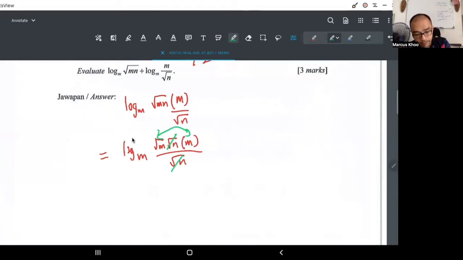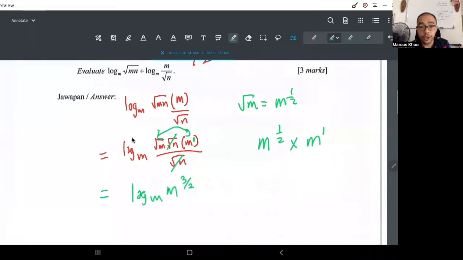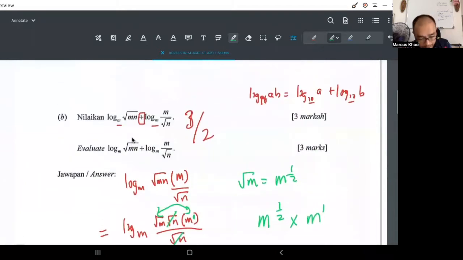Root m is actually m to the power of half. So m to the power of half times m to the power of 1 is equal to m to the power of 3 over 2. Log m of m to the power of 3 over 2. There's just one more step to go, and then you will get the answer for this entire thing is 3 over 2.